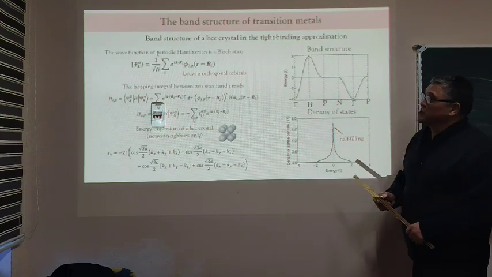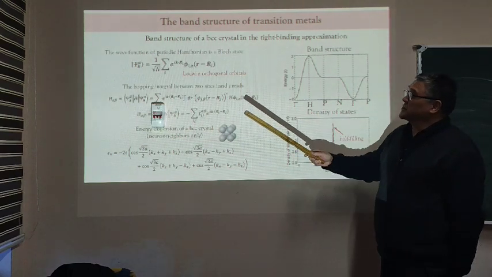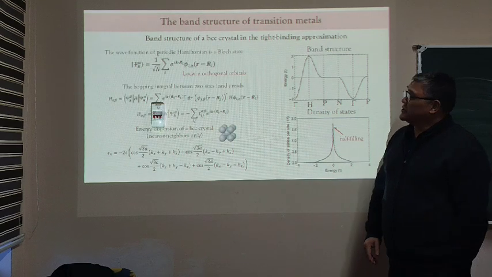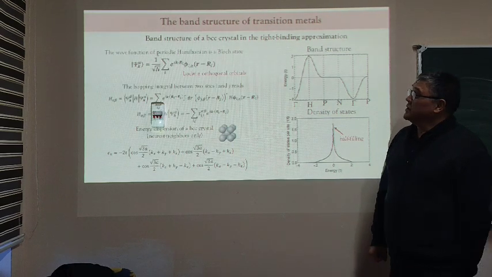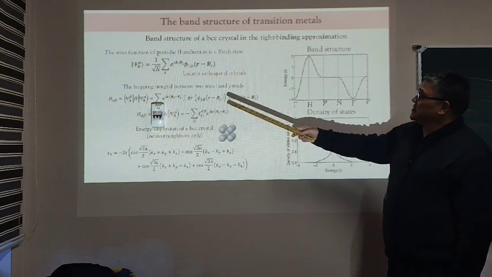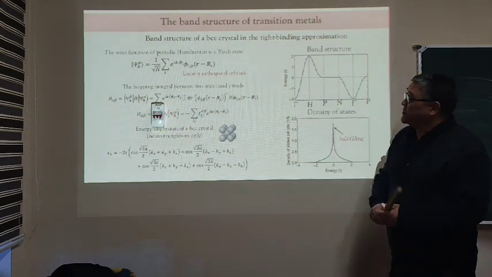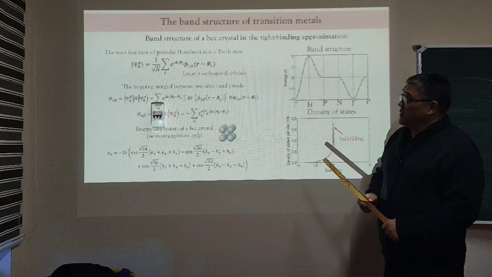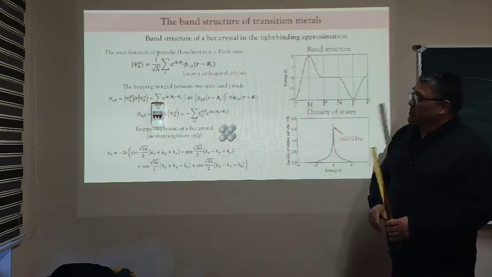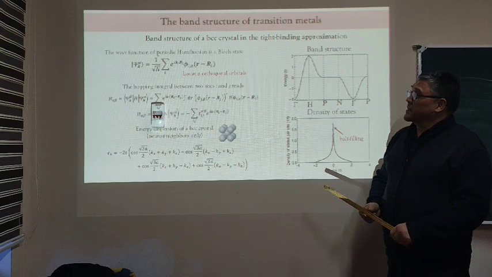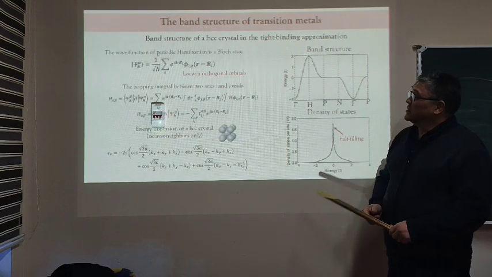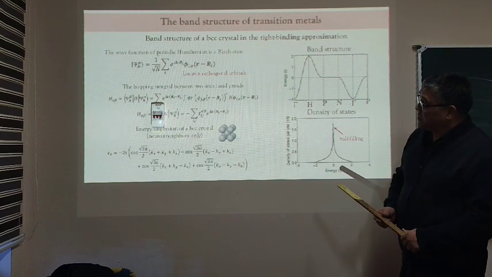Here we have the phi alpha functions, the wave functions of the electrons that we considered before, and this capital R corresponds to the location of the nuclei of the atoms.